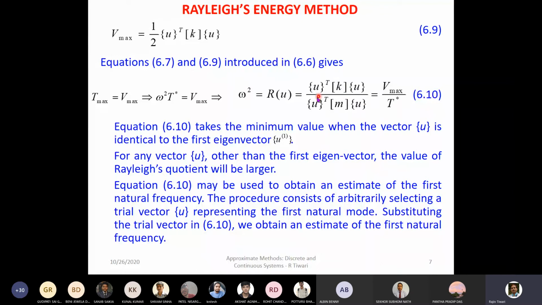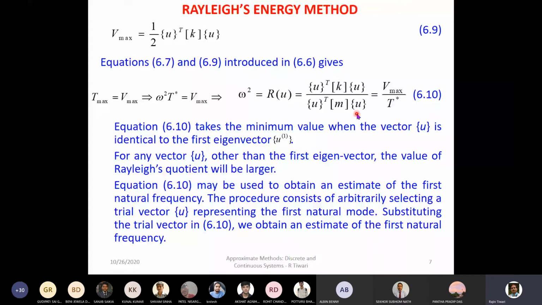T star we represented in terms of the mass matrix, because this is the kinetic energy. So this is Rayleigh's energy expression. You can see earlier we represented the Rayleigh quotient for the discrete system differently. Now we are representing it using the energy. So these are the energy terms.